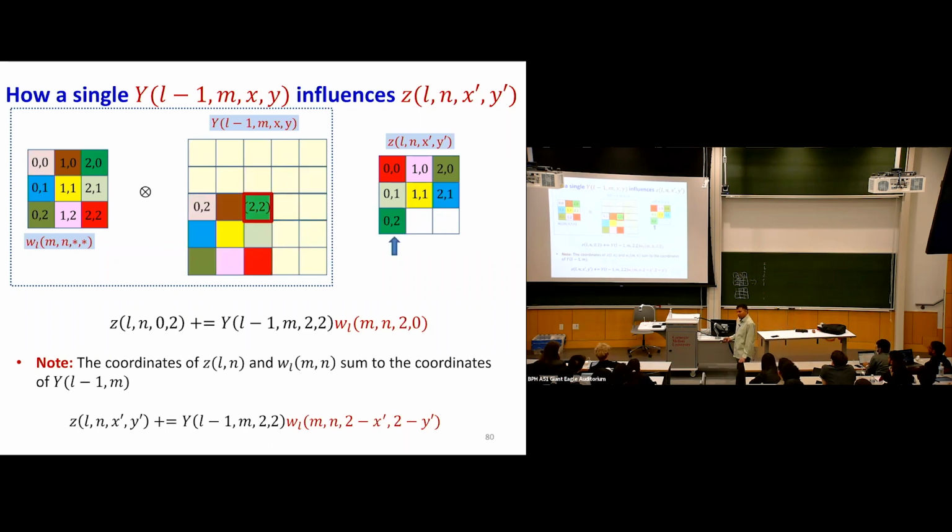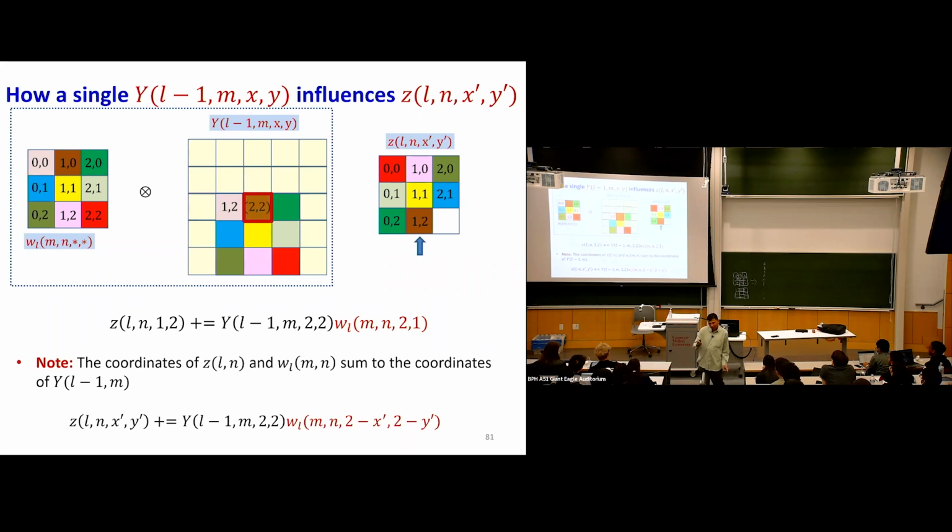At every single position, the index of the filter and the index of the output map have to give you the index of the Y element. So in general, I can say to compose Z(x', y'), I'm going to be multiplying Y22 with filter element (2 minus x', 2 minus y'). Everybody see this, right?